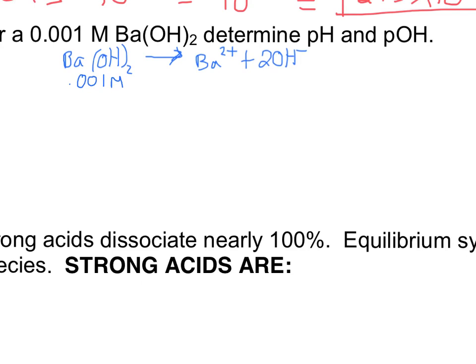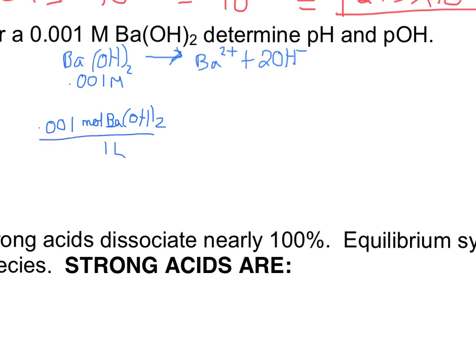So let's show the work for that. I would not expect you on the test to show me the work for that. You can just write that this is 0.002 molar here. But the more work you show me, the better, though. So let's show that. So we have 0.001 molar. That means 0.001 moles of barium hydroxide for every 1 liter.